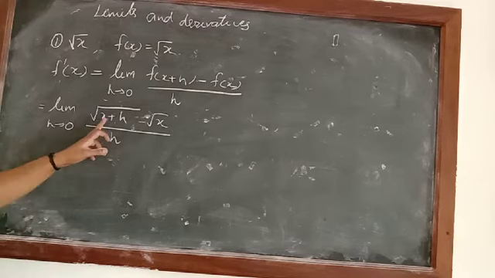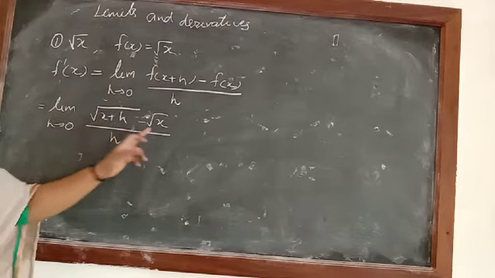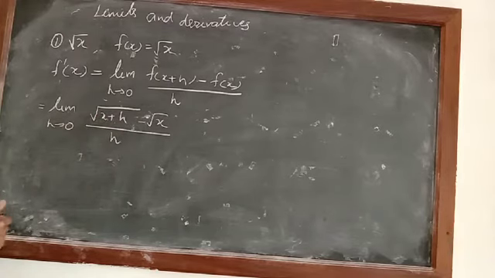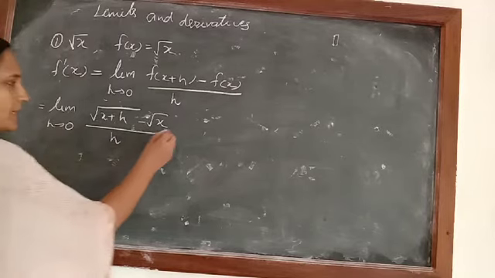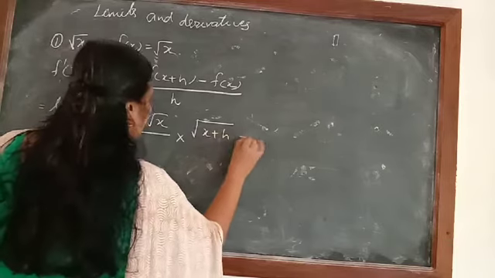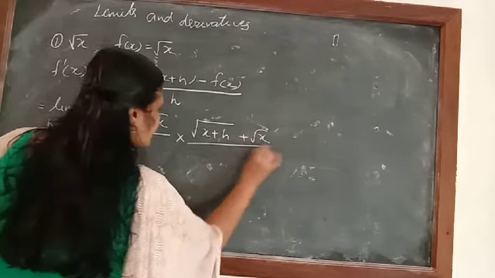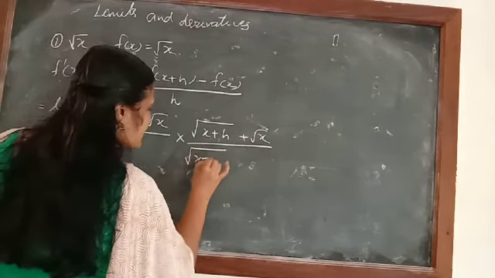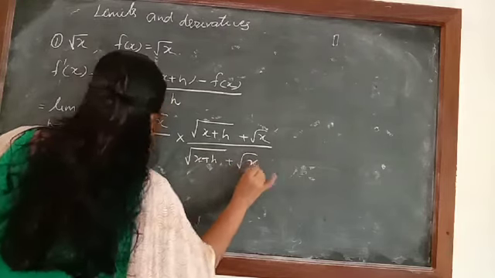Just to check, here we have an irrational number in the numerator. Then what should we do? Yes, we have to rationalize the numerator. So we will multiply it by root x plus h plus root x, by root x plus h plus root x.